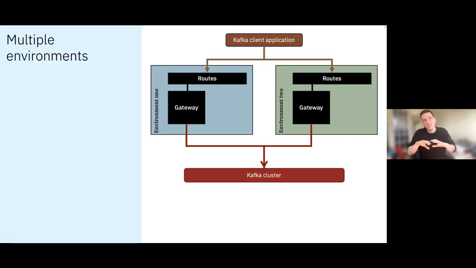Well, you can run gateways in multiple environments. By multiple environments, this could be Kubernetes clusters running in separate regions. So this means you are completely resilient against even the loss of a total region.